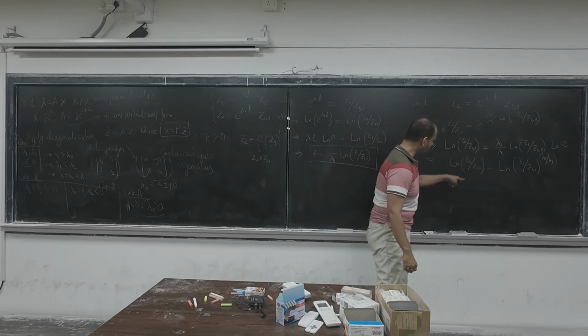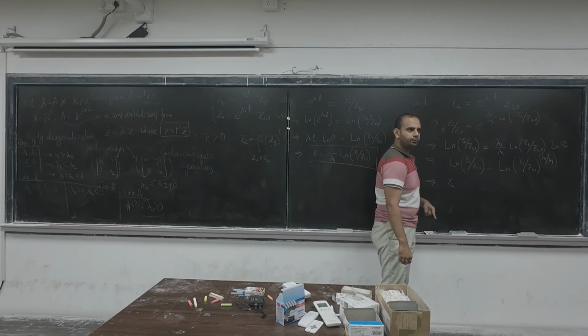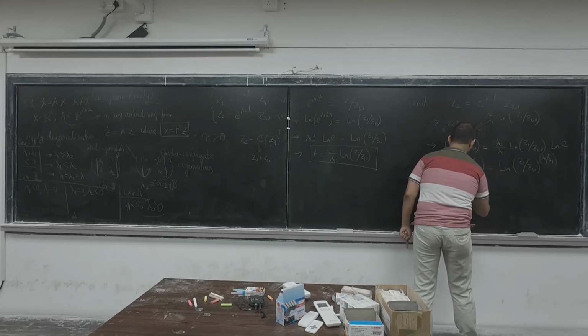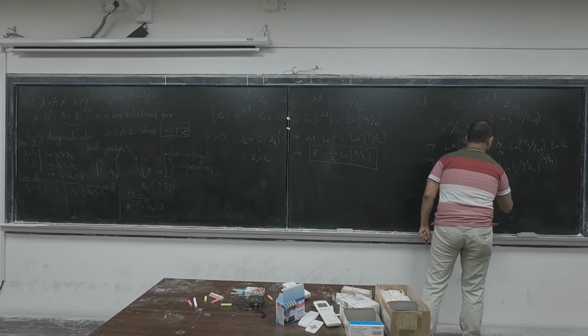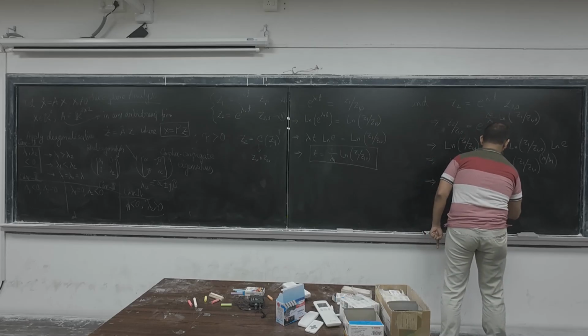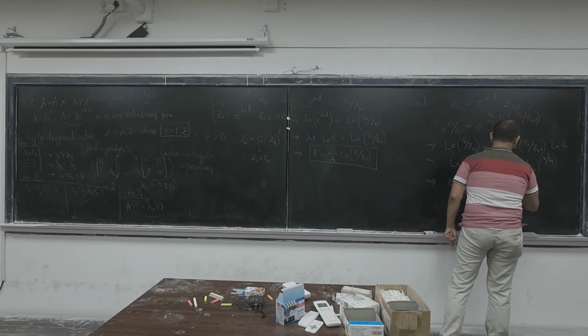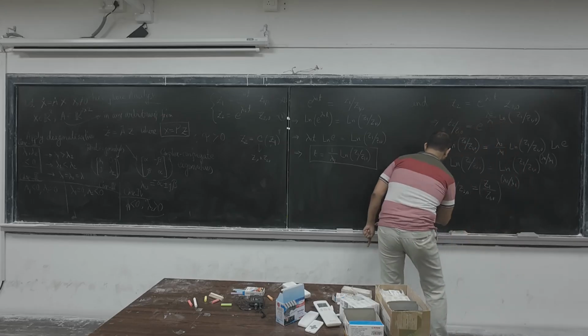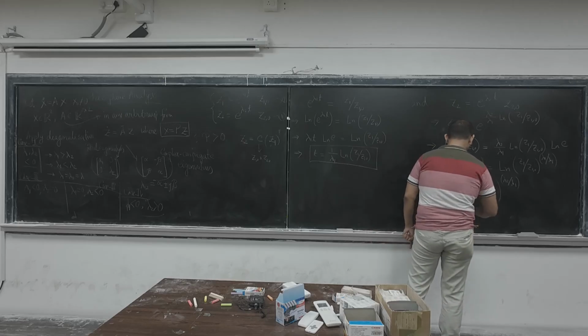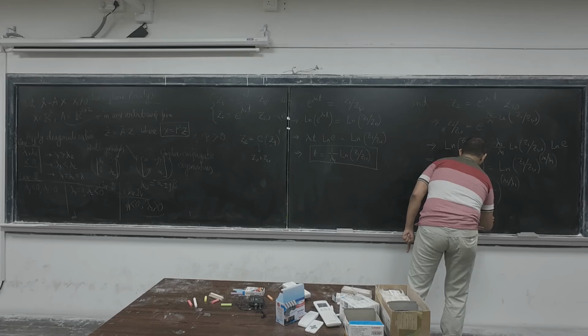So then z2 by z20 equals z1 by z10 to the power lambda 2 by lambda 1. So z2 equals z20 divided by z10 to the power lambda 2 by lambda 1.